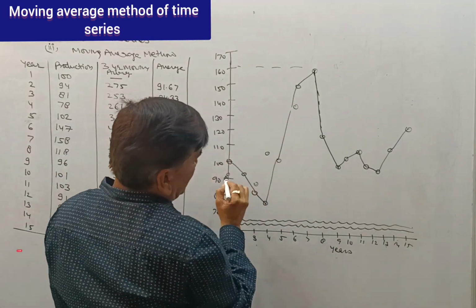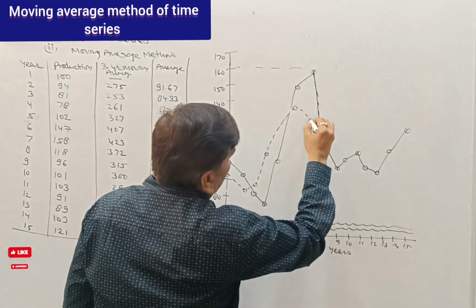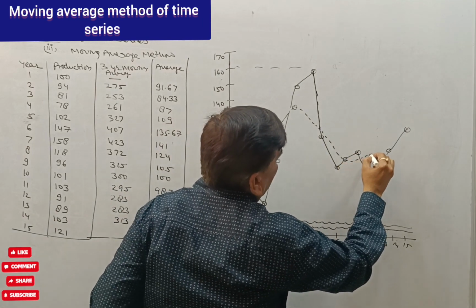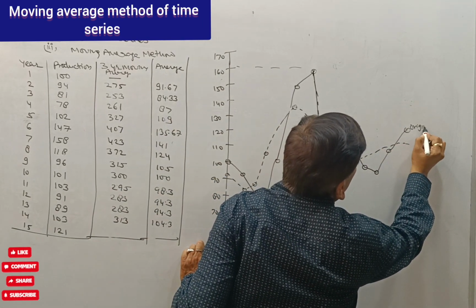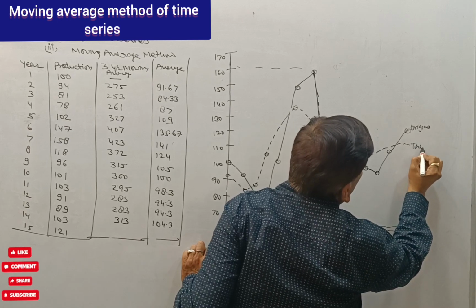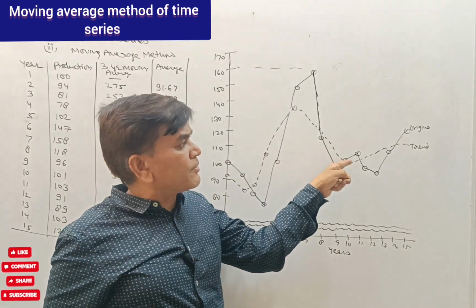So the trend line moves like this. This is the original line and this is the trend line. When you plot this, you will get this kind of graph.